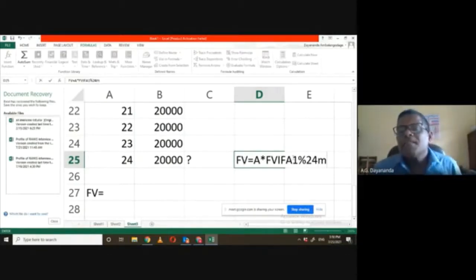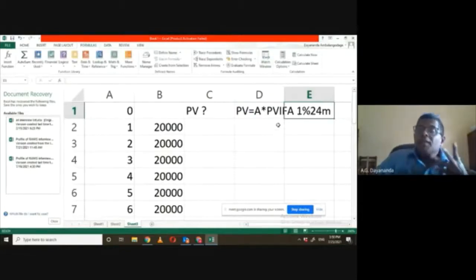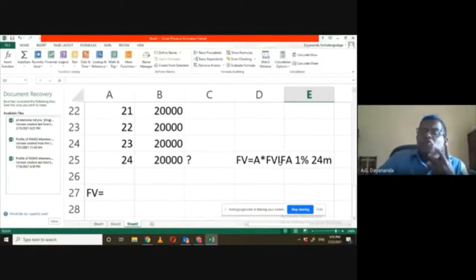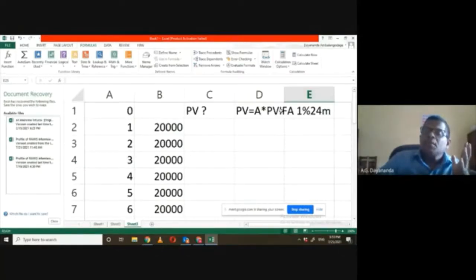Here also same thing, 1%, 24 months, but the difference is the formula: present value interest factor annuity here, and here future value interest factor annuity. I think last week we discussed the table number 3 here. This is the table number 3 and this is the table number 4.